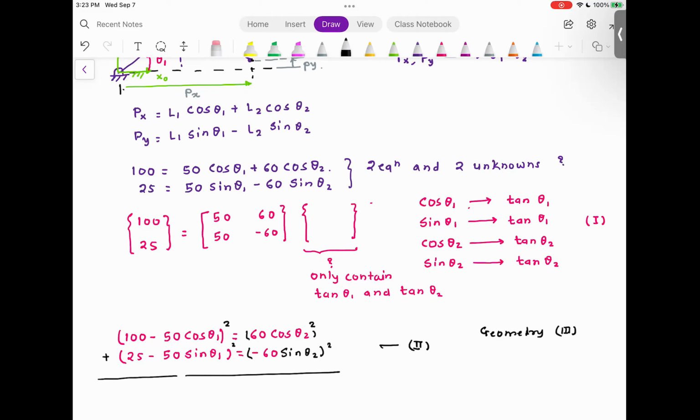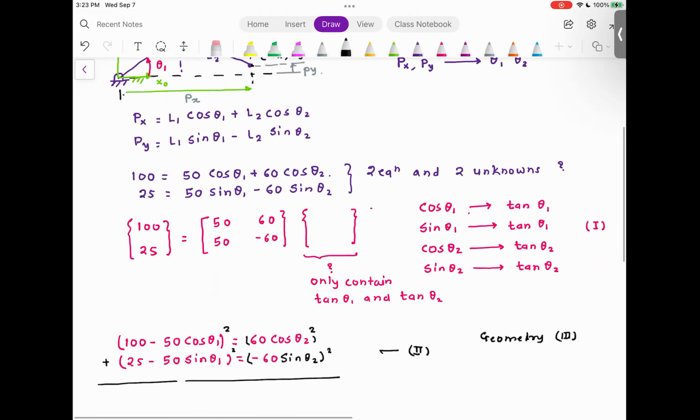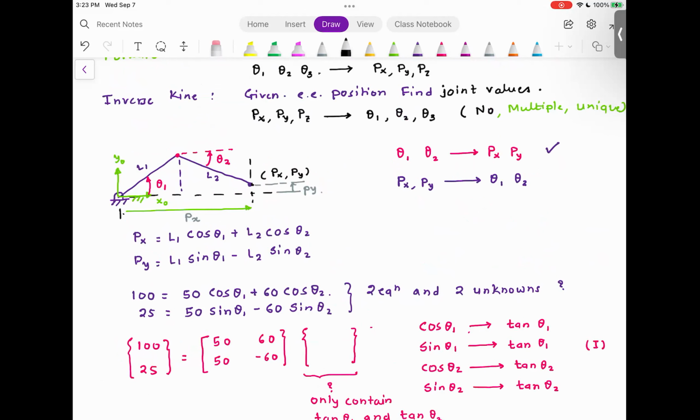Nobody would solve this equation by hand. Why? Here is the problem. Please understand, if I use this approach, I would get a value of theta 1 and a value of theta 2. When I'm trying to solve the inverse kinematics solution, this is a valid solution.